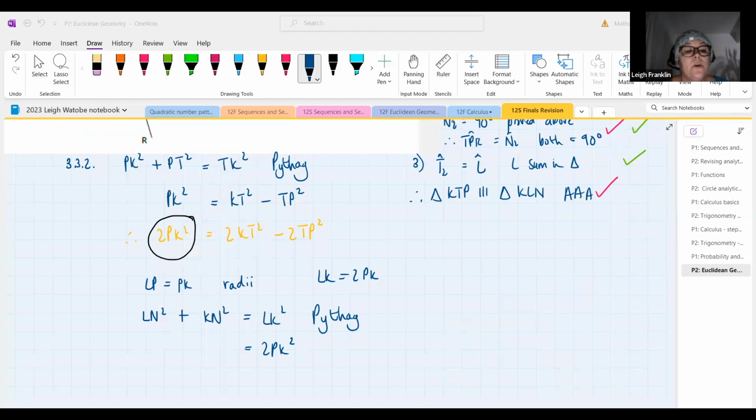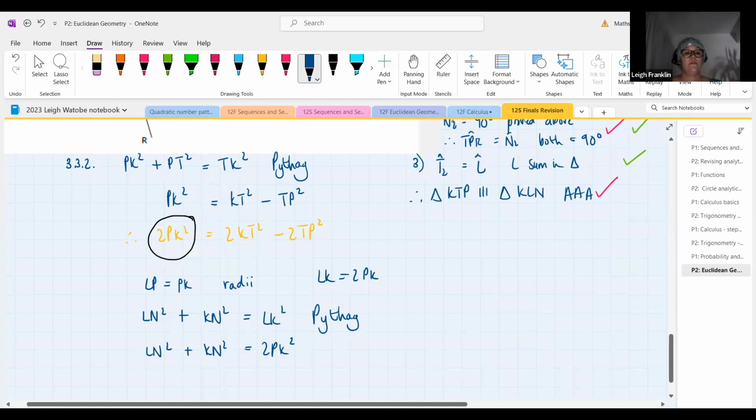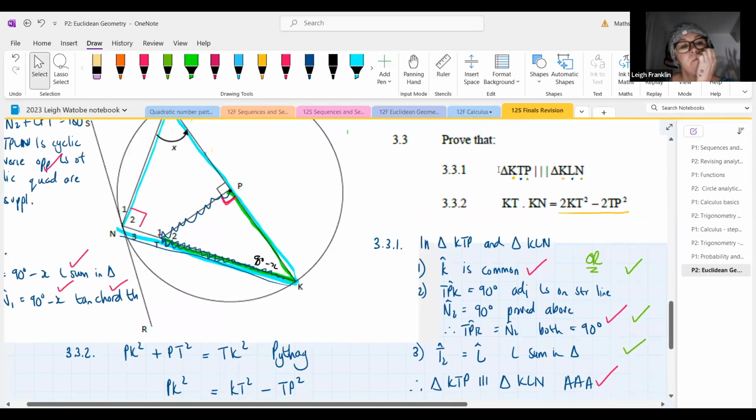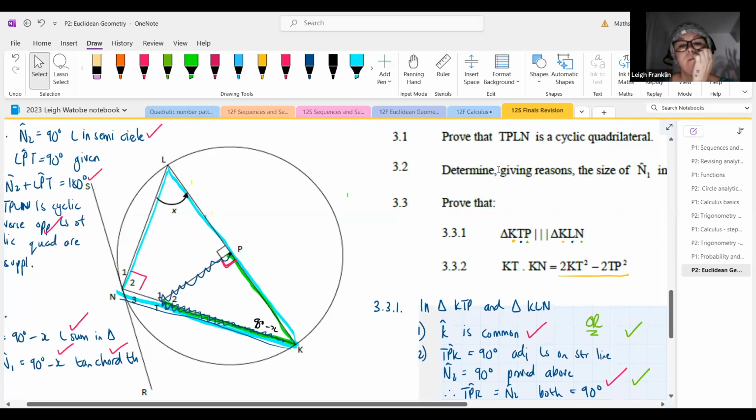All right. So this is KN squared plus LN squared. Now we want KT times KN.